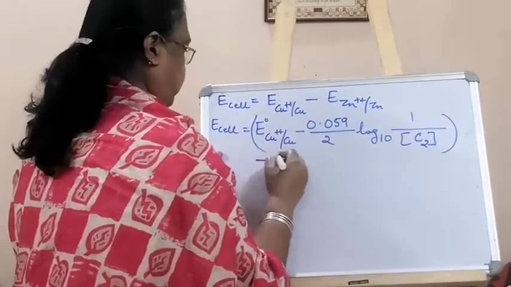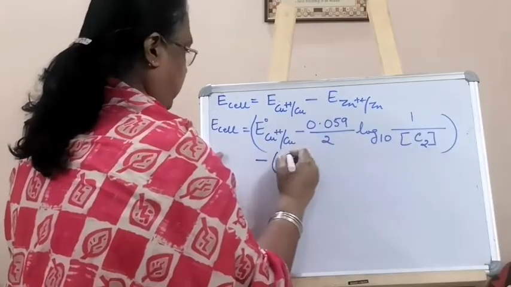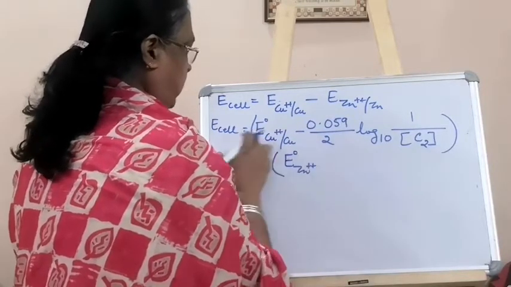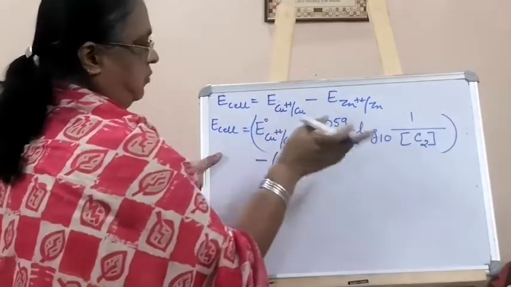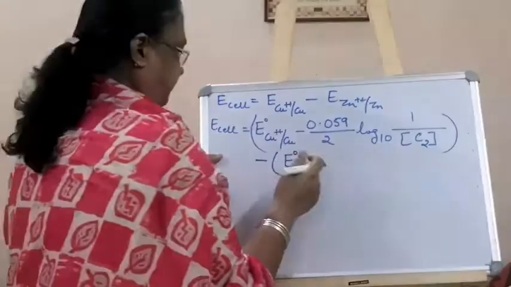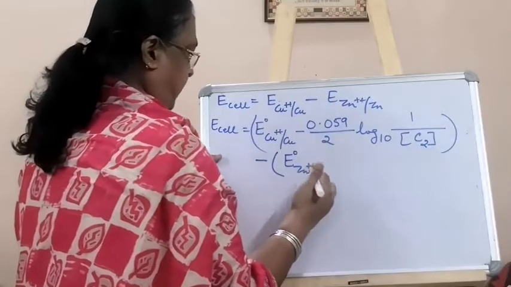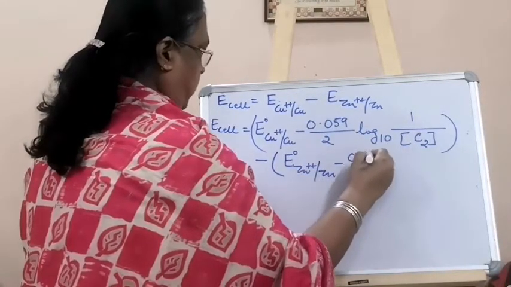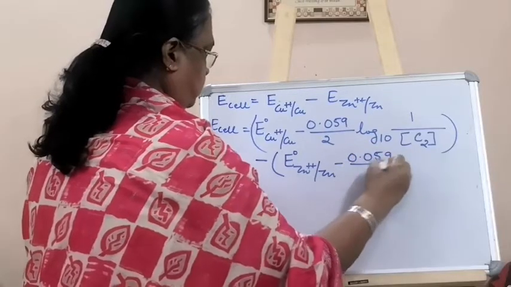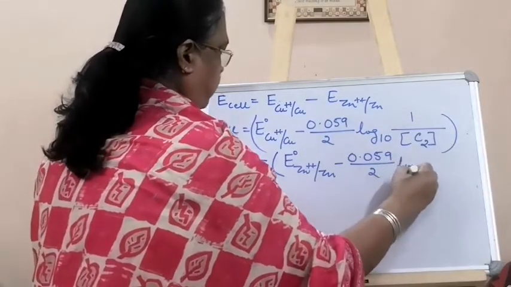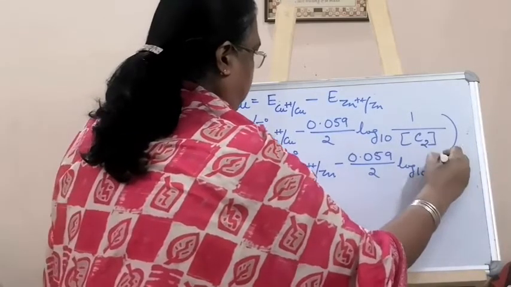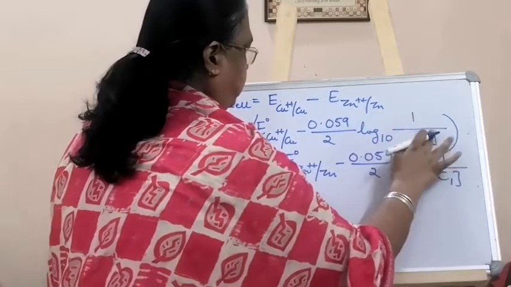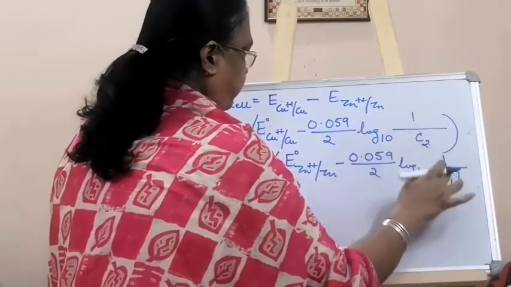Now minus this half cell, E0 zinc ion over zinc minus 0.059 upon 2 log base 10 of 1 upon C1. I am substituting these values from equations 1 and 2 which I did previously. If you have noted them down, you can look back. The concentration sign won't be there because this is already the value I am putting.